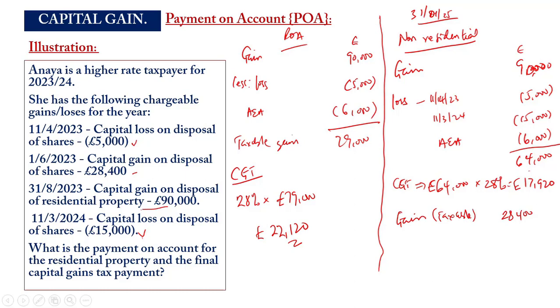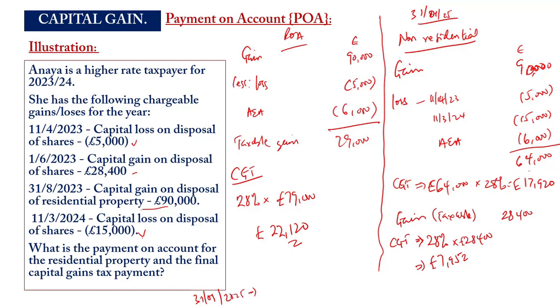Again, we are told that she's a higher rate taxpayer, so the capital gains tax is going to be 28% on 28,400, which will give us 7,952.